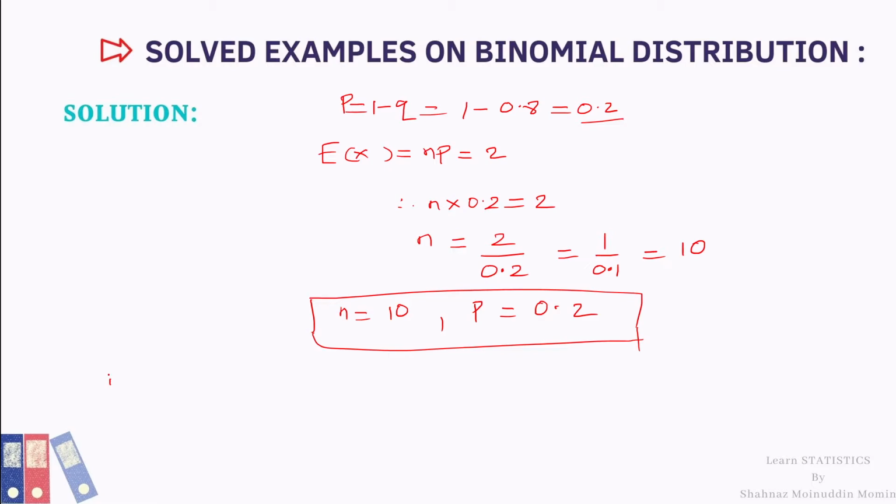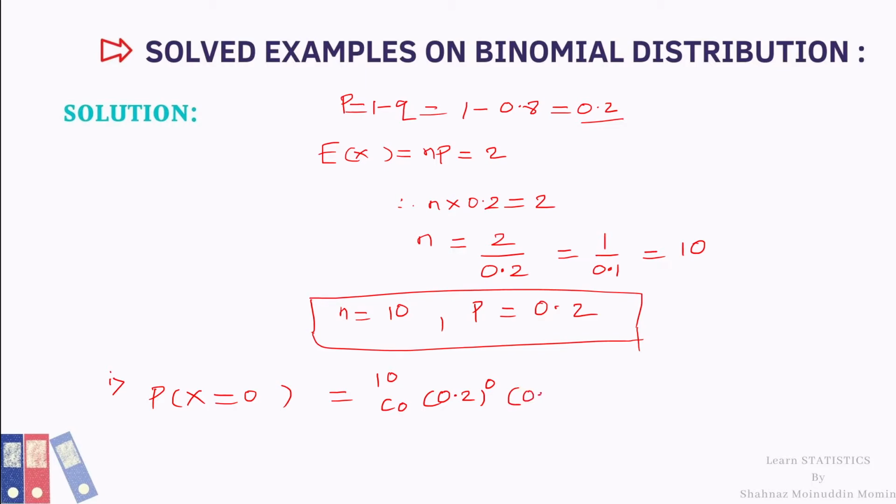First probability is, we have to find the probability x equal to 0. So which is equal to 10C0 times 0.2 raised to 0 and q is 0.8.